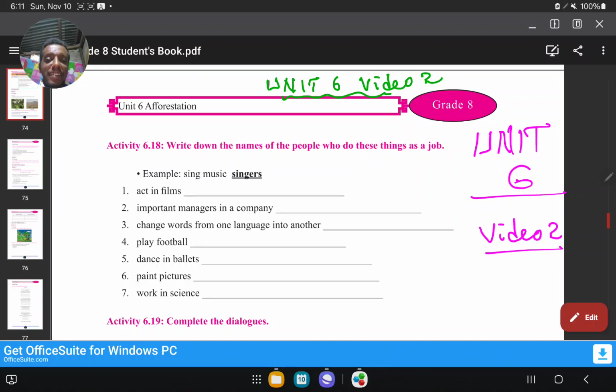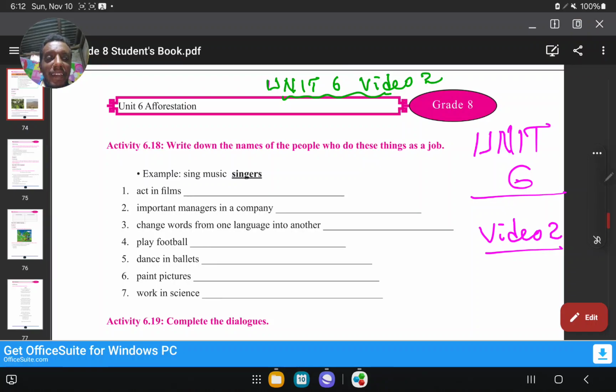Students, in this session, we'll see grammar parts. Before that, how many of you remember what we have explored in the first video of Unit 6? Do you remember what we have discussed well? Well done.